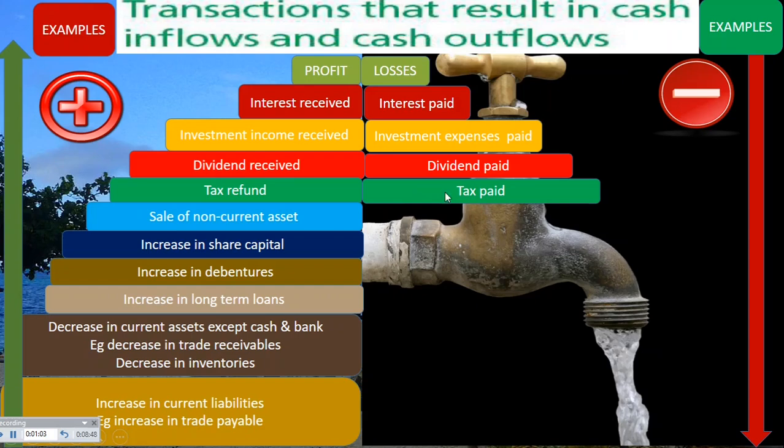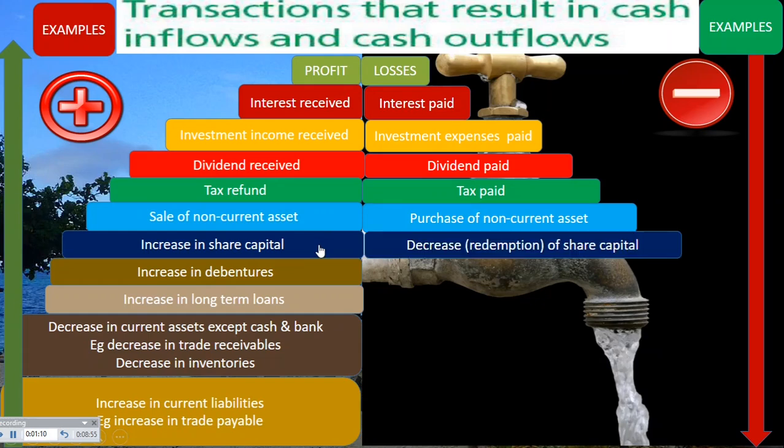The tax payment is your outflow. Sale of non-current assets is your inflow. Purchase of non-current assets, outflow. Increase in share capital means issue of shares, so it's inflow. And then redemption of shares. Not all shares are redeemable, so if they are shares with the redeemable option, decrease in shares means redemption, so that's your outflow.